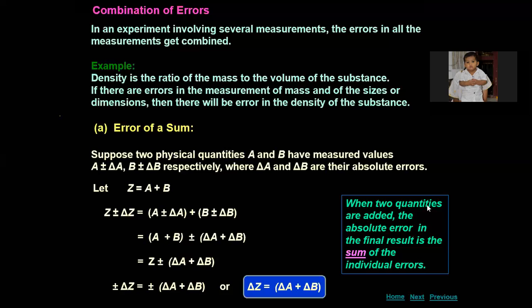When two quantities are added, the absolute error in the final result is the sum of the individual errors. That is what it is. Simple. The absolute errors we get in individual measurements, if we add them directly, we will get the resultant error. How much we get, that much will be there.